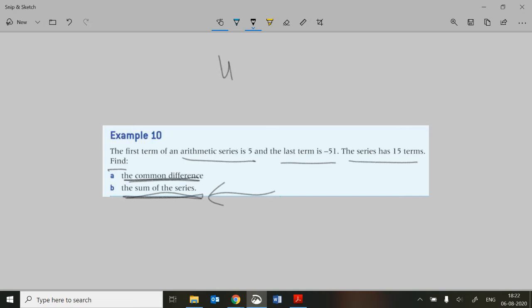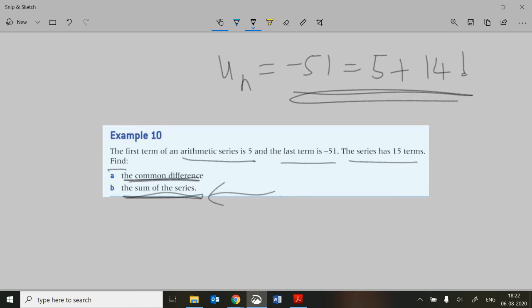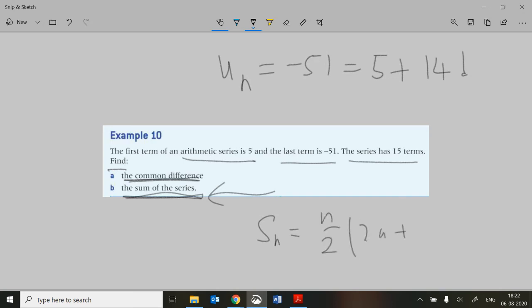So Un, the last term, minus 51, equals the first term, which is 5, plus n minus 1 lots of d. n minus 1 is 15 minus 1, so 14 times d. In solving that, you can work out the common difference. They're trying to get you to do that because they're thinking you might choose to use this formula. But why would you when you have the easier formula? This one here. So you can use that straight away for part A.